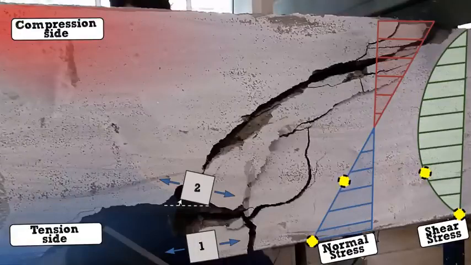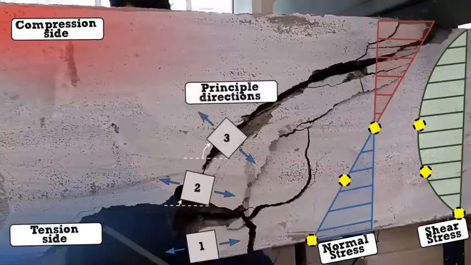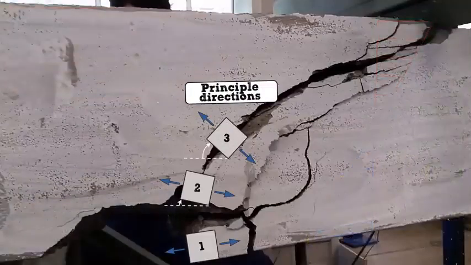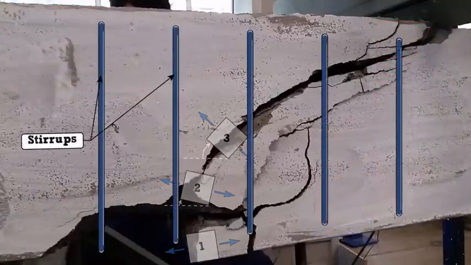The principal direction is now slightly inclined, and therefore the crack tends to also propagate along the inclined path. It's because of these stress states that cracks follow a curved trajectory near the ends of a simple beam. Consequently, that's why the shear reinforcement is placed in those regions.